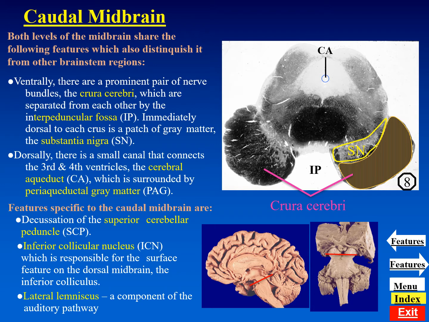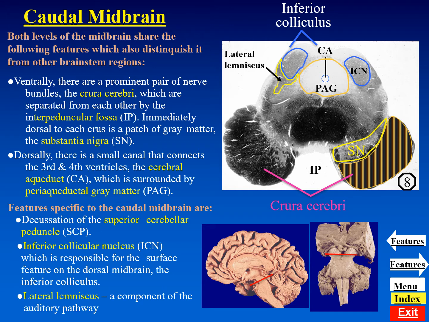Surrounding that is gray matter, known as the periaqueductal gray, and to either side of that we see two nuclear masses, the inferior collicular nuclei, and they are embraced by nerve fibers known as the lateral lemniscus. These two lateral features are part of the auditory pathway.